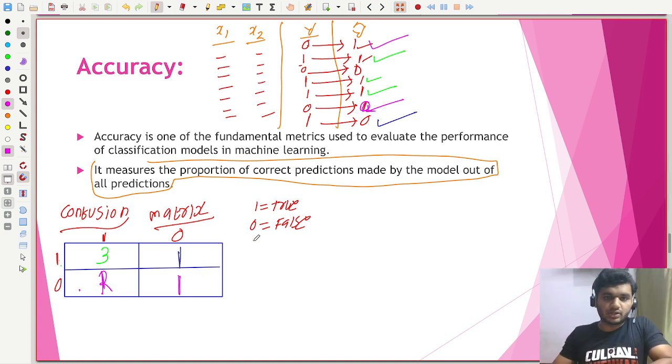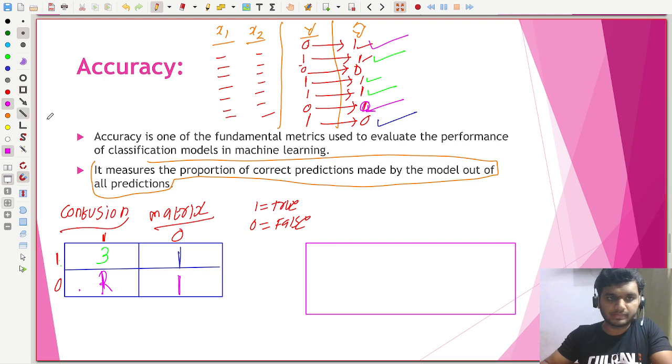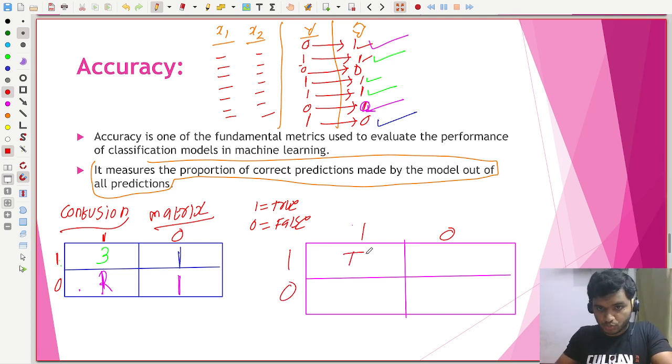In the confusion matrix, if you draw this matrix again, it is like this. Here you have 1 and 0, and here 1 and 0. So it is your true positive, false positive, false negative and true negative.